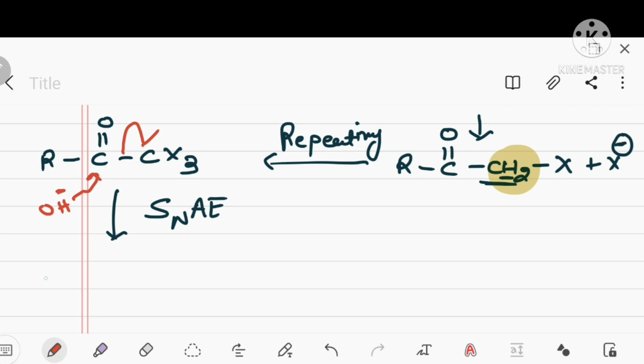So it is forming R C double bond O OH, right? OH will attach to this compound and CX3 minus is leaving, right, like this.